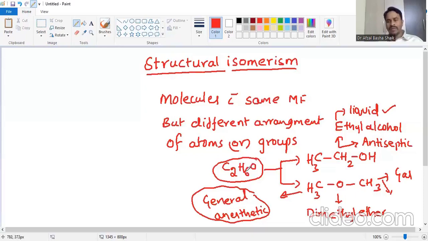Not only in biological or medicinal terms, the change in the structure also has influence in material science. That is why it is essential for us to understand the arrangement of the atoms or the groups in a given molecule and how that arrangement influences the properties of that molecule. That is why it is important to understand isomerism.